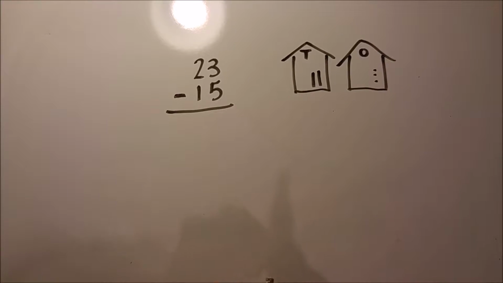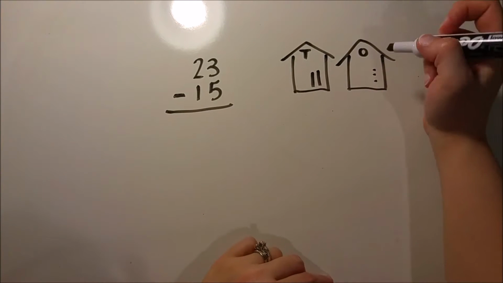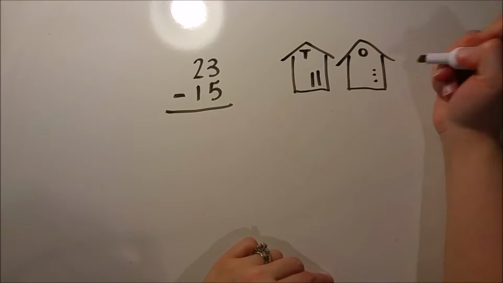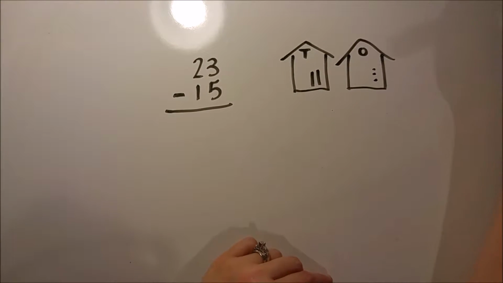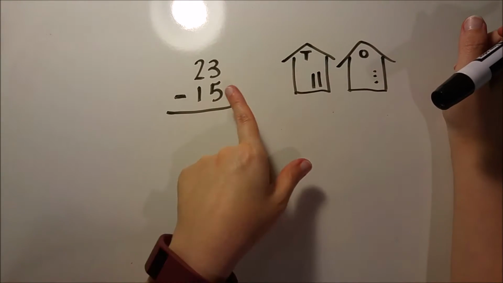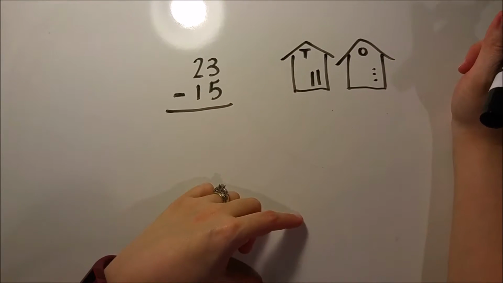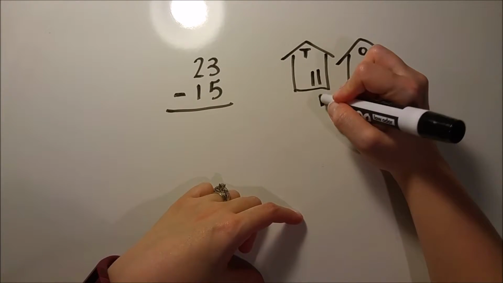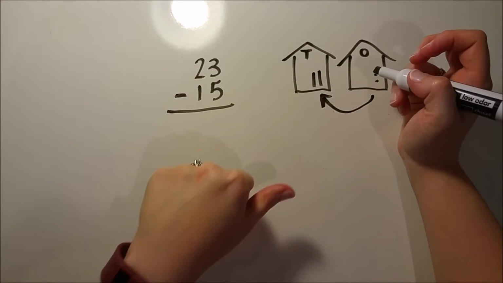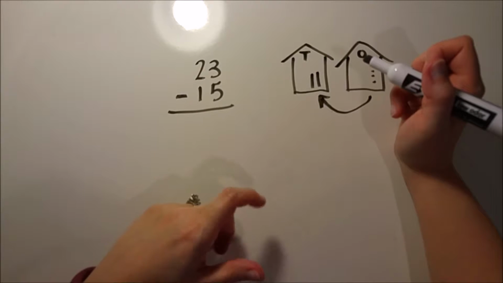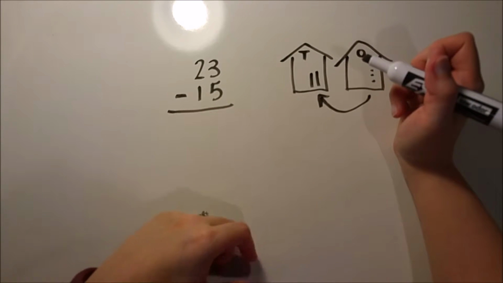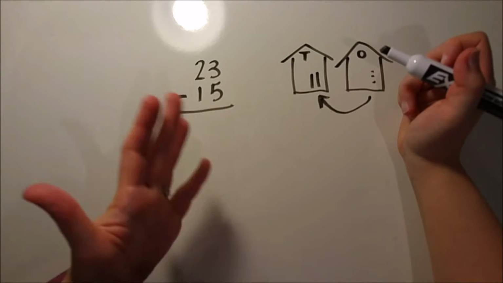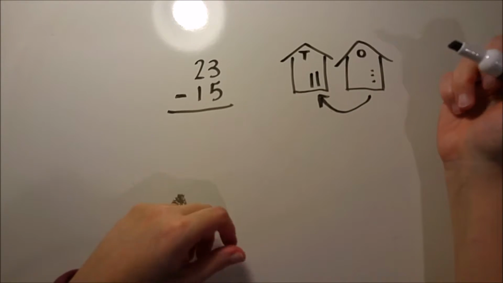You ask for help. So these ones, there's only 3 of them, but they don't have enough to be able to take away 5. They need help. So they're going to go next door and they will knock on the door. And they will say, "Excuse me, tens, I need some help with this problem I'm doing. Can you please come over and give me a hand?"